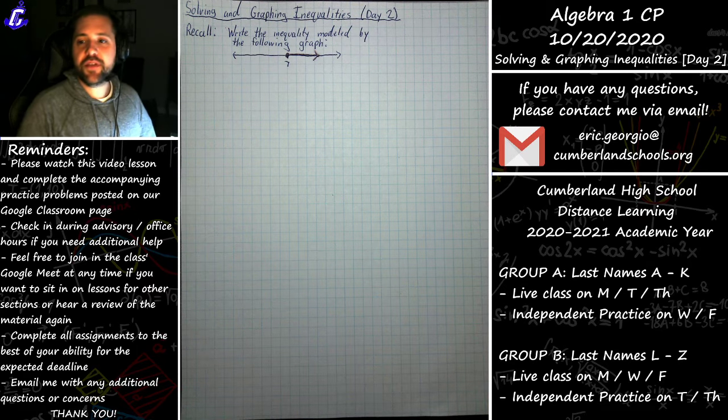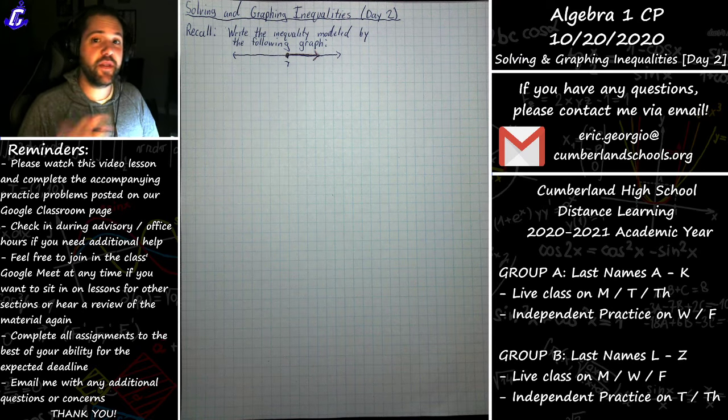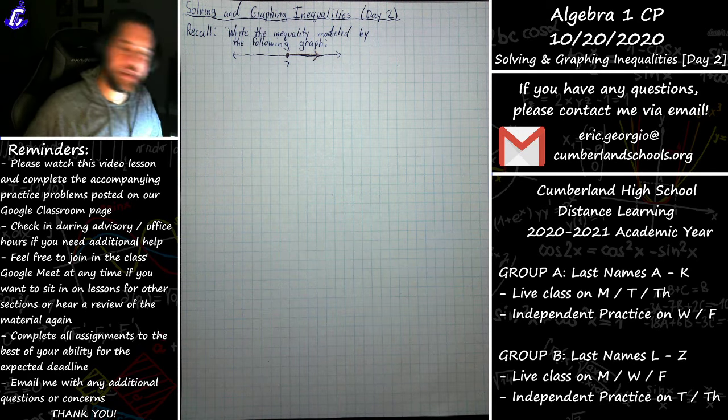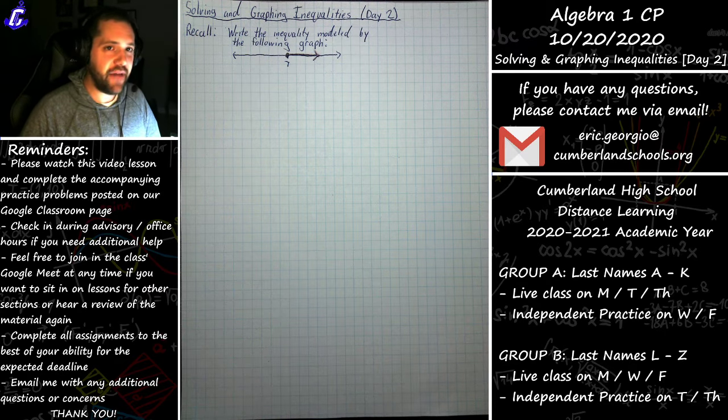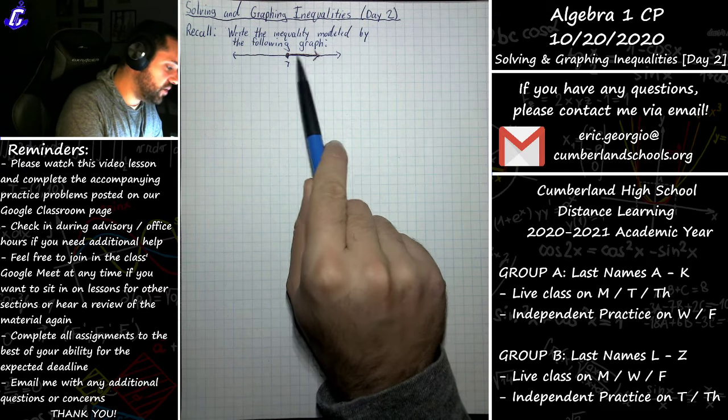All right. We didn't do any problems like this in particular, but I think you should be able to look at a graph like that and actually determine the inequality that would result in that graph. It's like going the other direction. So if I look at that graph, we notice that 7 is the focal point of the graph. So obviously 7 is going to be involved somehow. And we are shading everything to the right of 7.